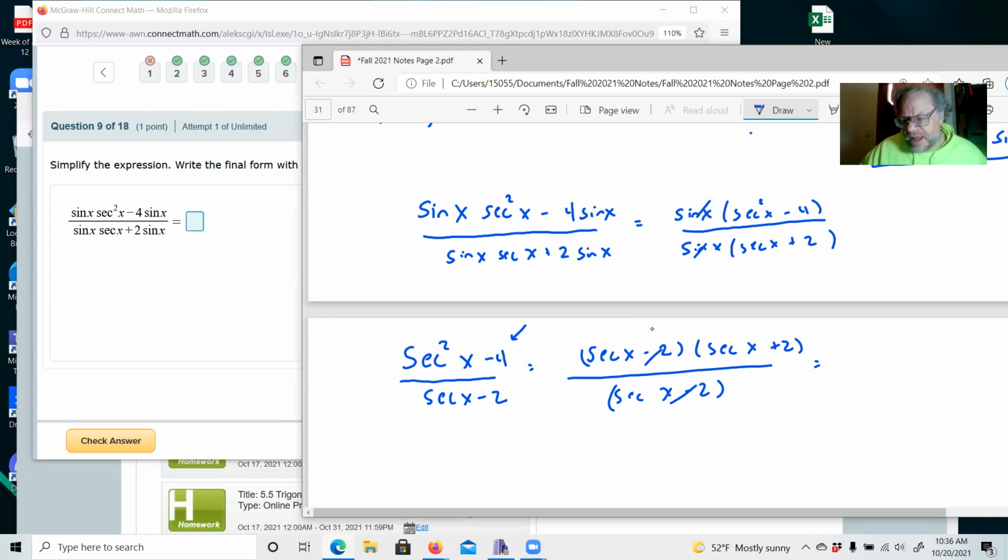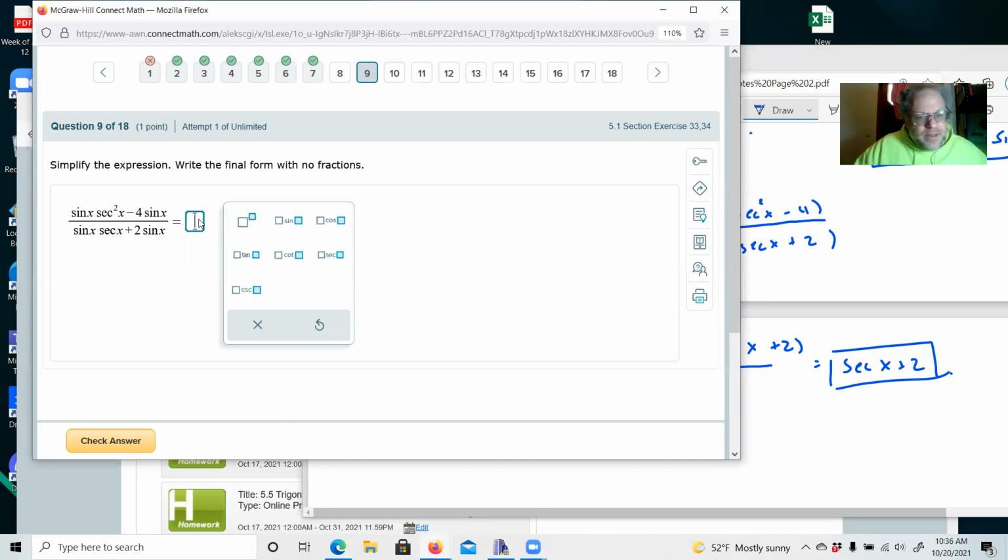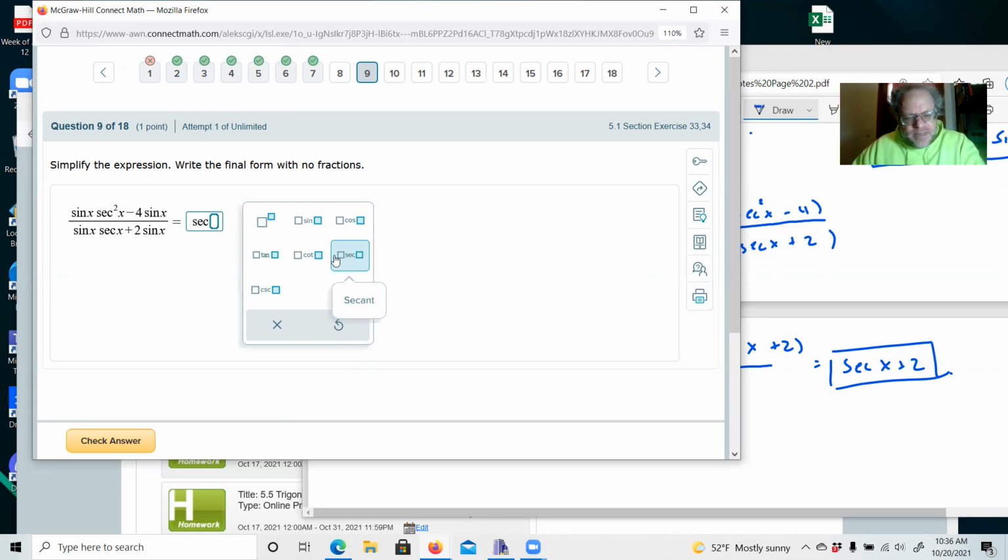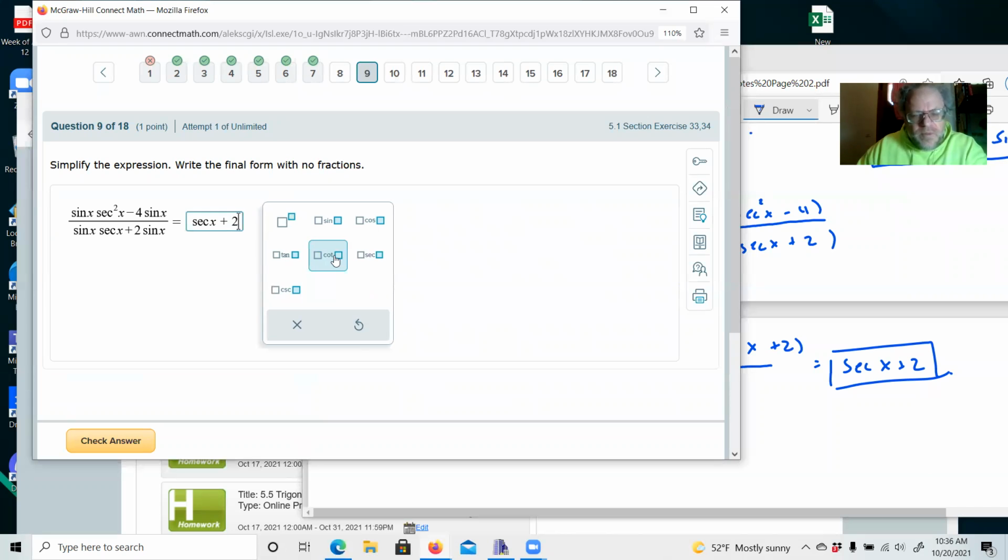Cancel that, and I will bet this is the answer they want. So we're going to have secant x plus 2. Okay, it's not a phase shift, it's a vertical shift. They didn't like that at all. Of course they didn't. Let's see.